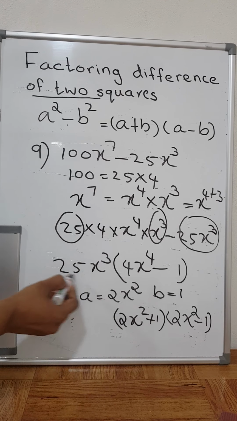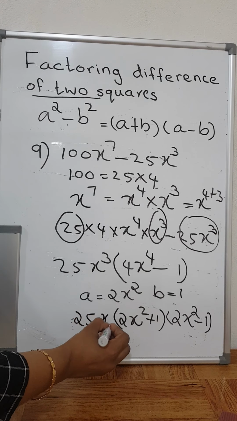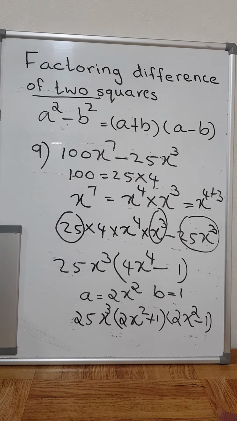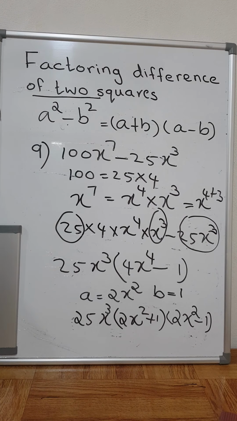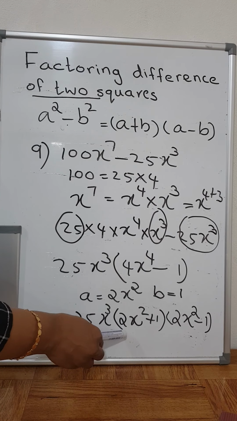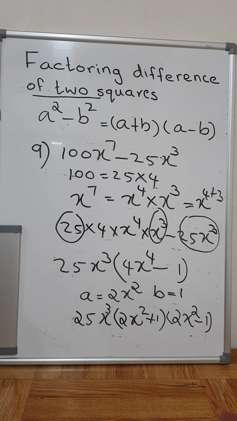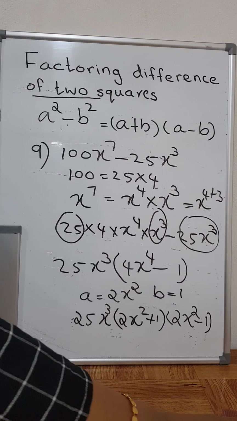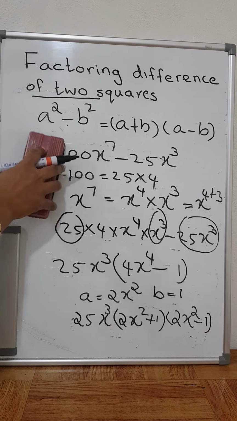And we already have a 25x cube there. Don't forget to put it. So for 100x to the power 7 minus 25x cube, the factors are 25x cube, 2x square plus 1 and 2x square minus 1. It's easy, right? Yes, it is. Now we will try another question.